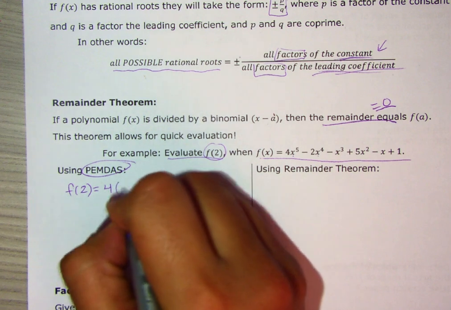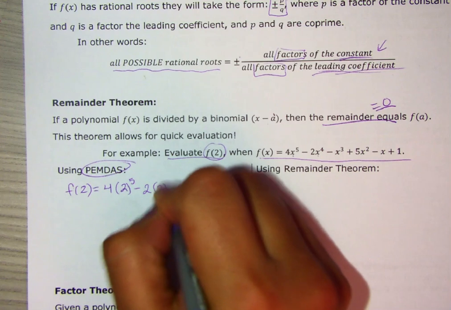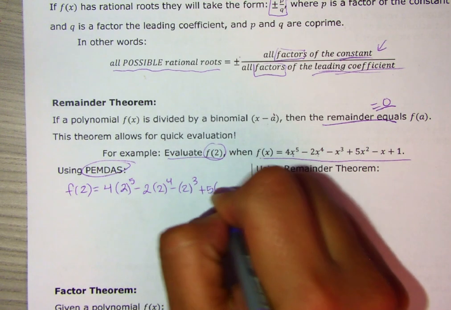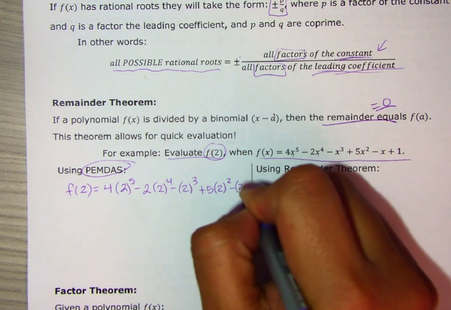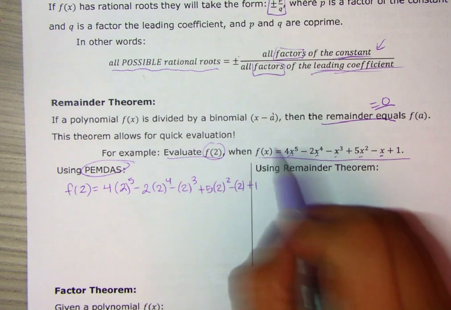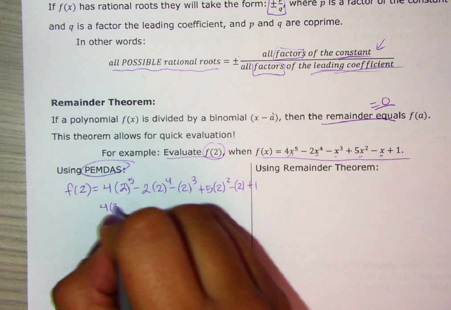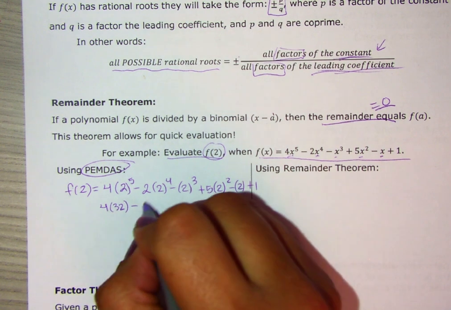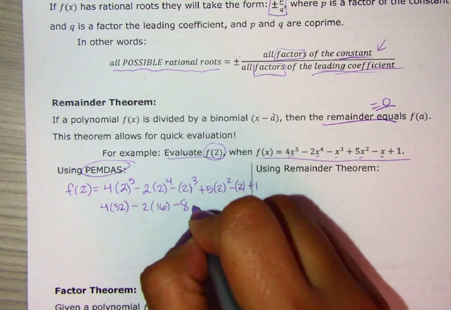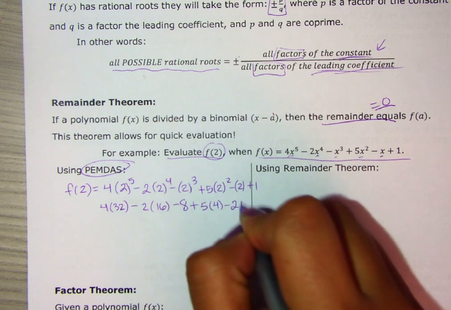So you're going to have, for example, 4 times 2 to the 5th power minus 2 times 2 to the 4th power minus 2 to the 3rd power plus 5 times 2 to the 2nd power minus 2 plus 1. So I'm just replacing each x here, substituting the 2 in there. And then we follow this through PEMDAS. So this will result in 4 times 32 minus 2 times 16 minus 8 plus 5 times 4 minus 2 plus 1.